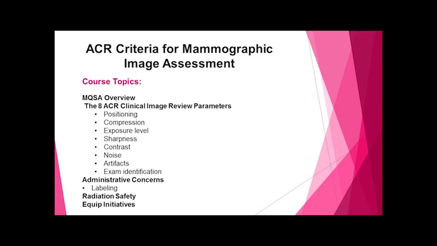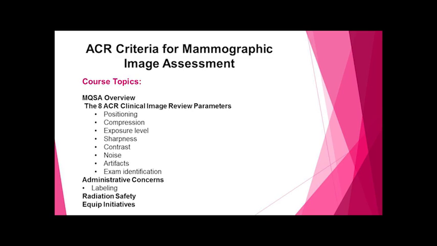And so the topics for today are going to be MQSA review. Then we'll be looking at the 8 ACR clinical image review parameters and examining each one of those. Those will be accompanied by mammographic images. Deborah will be demonstrating positioning, good positioning, bad positioning, positioning deficiencies.